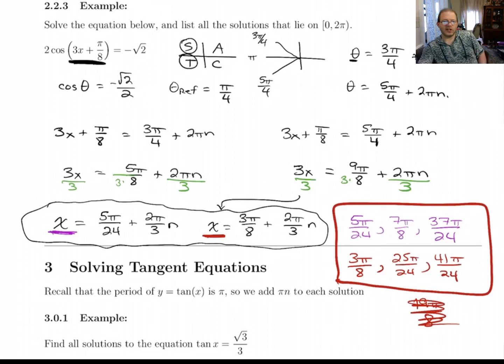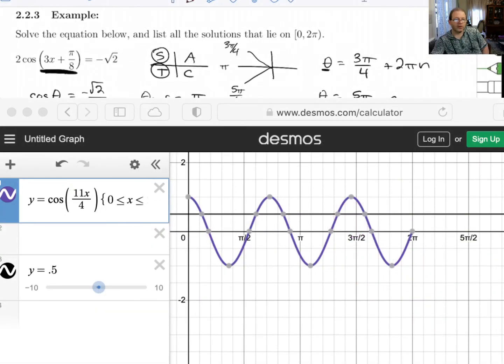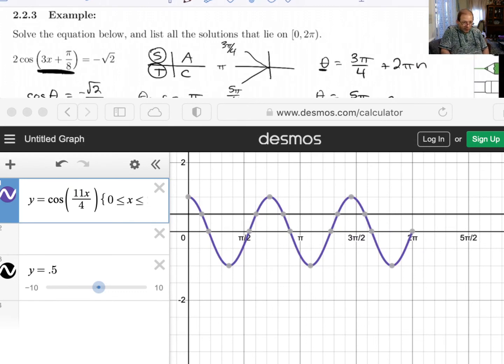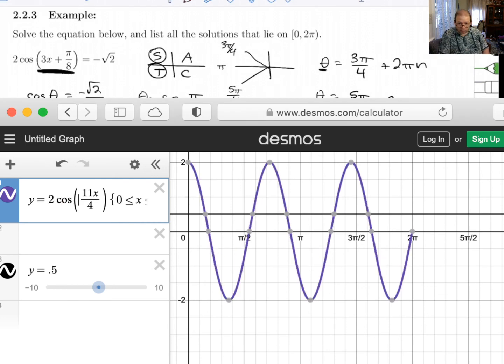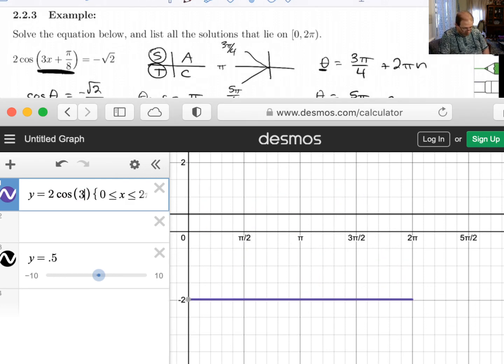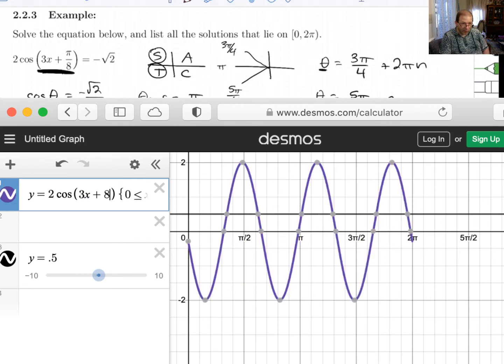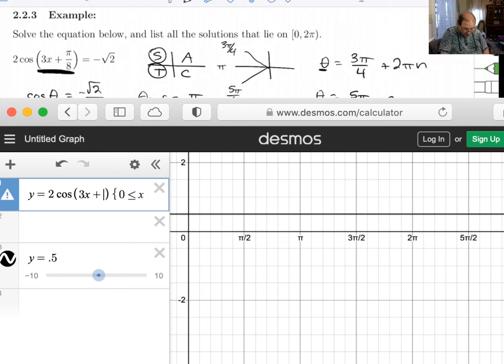I do want to look at it on Desmos, though, just to see the solutions here. Let's see. So my equation that we started with was 2 cosine 3x plus, oh wait, plus pi over 8.